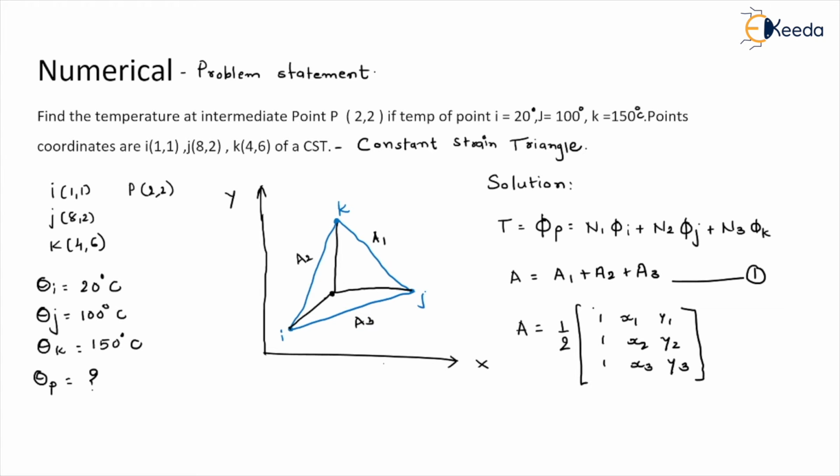So this is the matrix representation of area. Area can be found by using this matrix equation. So now let's find the shape function.